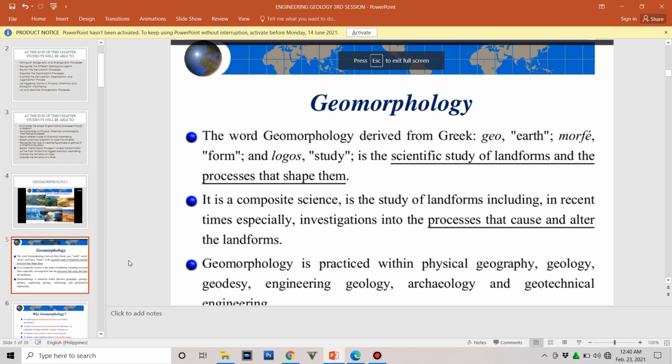Okay, what is geomorphology all about? All you can see on the physical process, the physical attributes of the site is actually geomorphology.